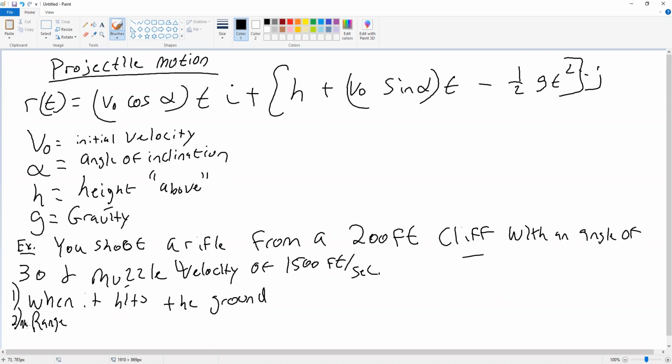Always say max range. Max range. Max height. And for argument's sake, impact velocity.